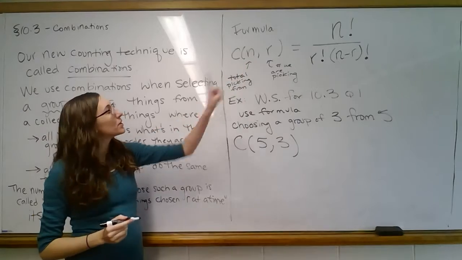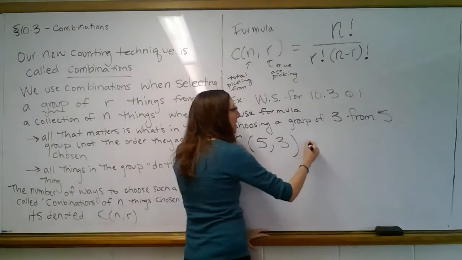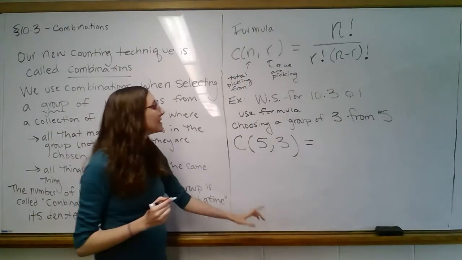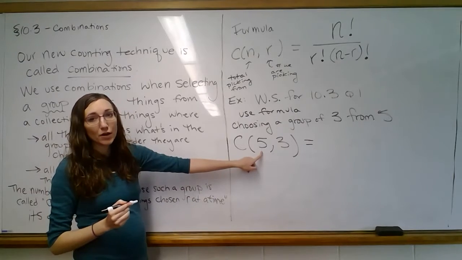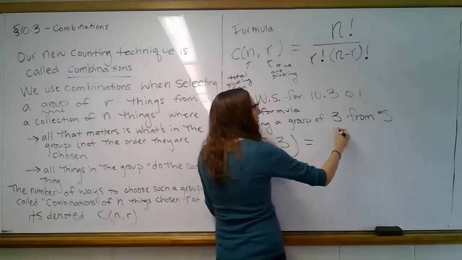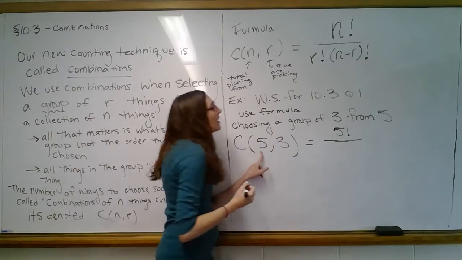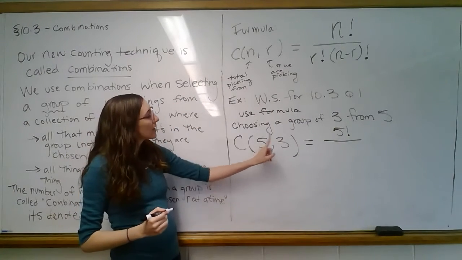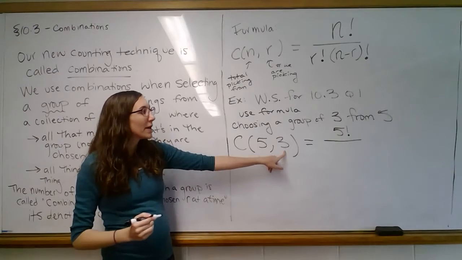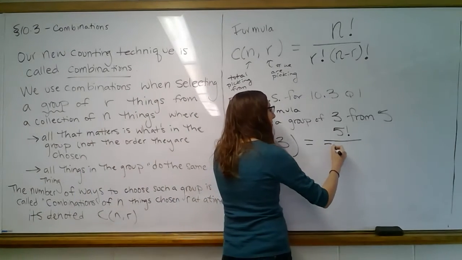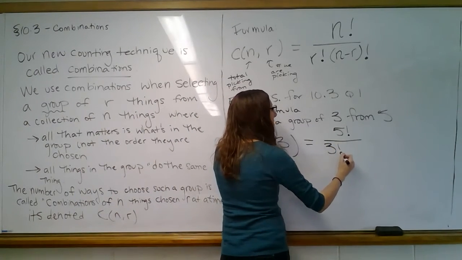So then let's try and put these in the place that they go in the formula. On the top is N factorial, that's the bigger number. So 5 factorial is going to go up top. And then in the bottom, we're going to have R, the number we're picking, factorial. So that's 3 factorial.